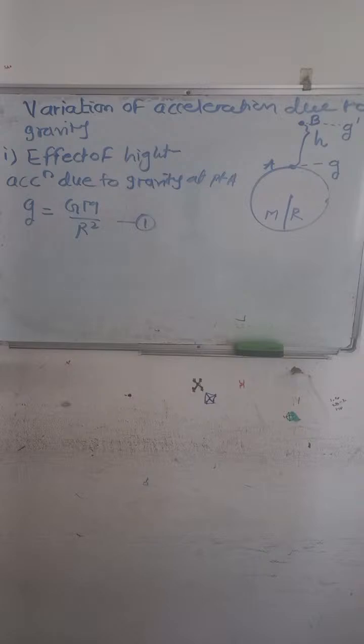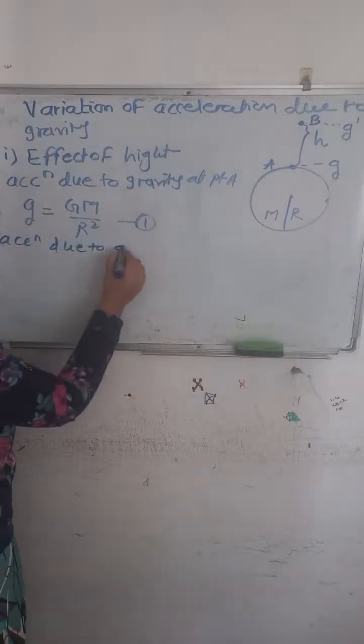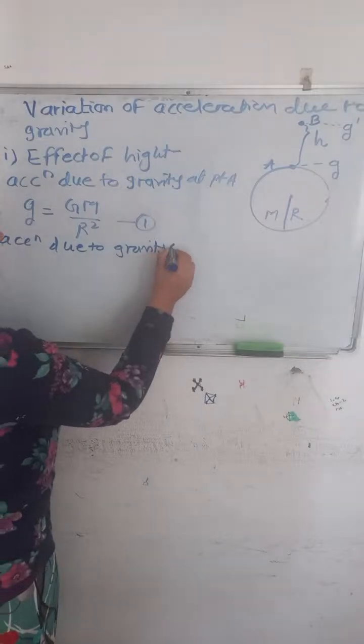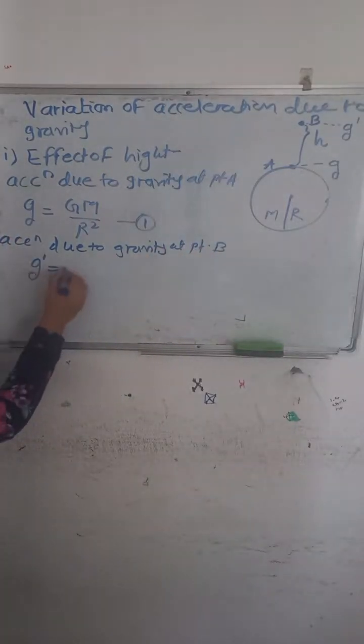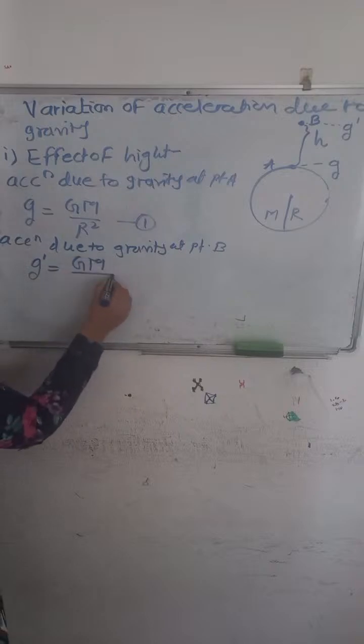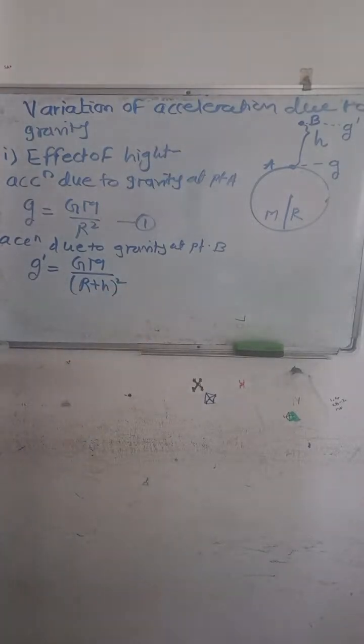Now if I want to calculate the acceleration due to gravity at point B, how to calculate it? At point B, can I write this as g dash equals GM upon (R plus h) whole square.